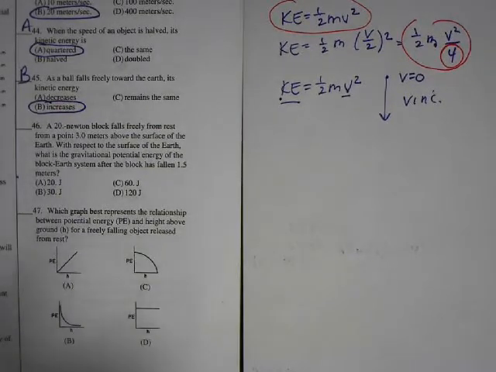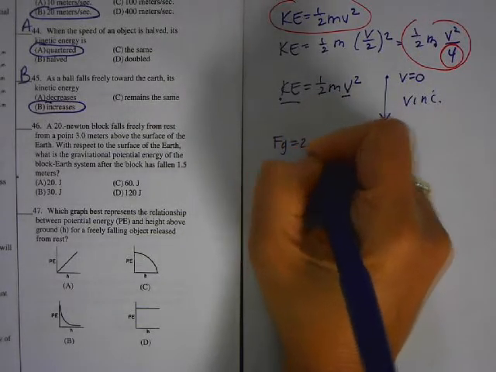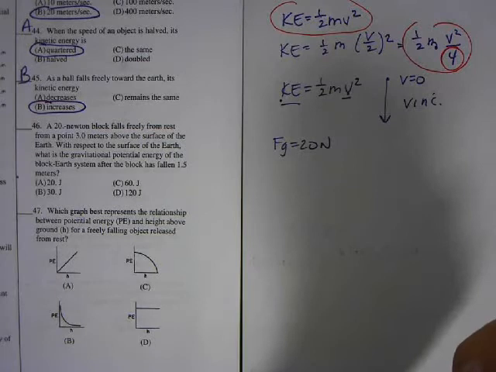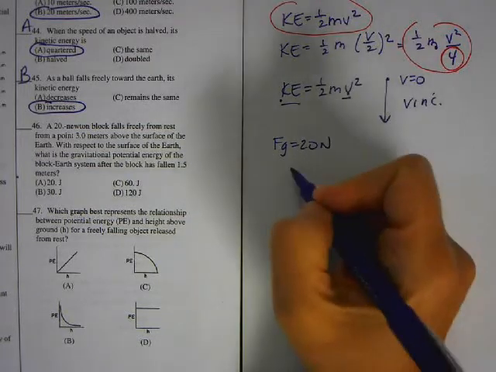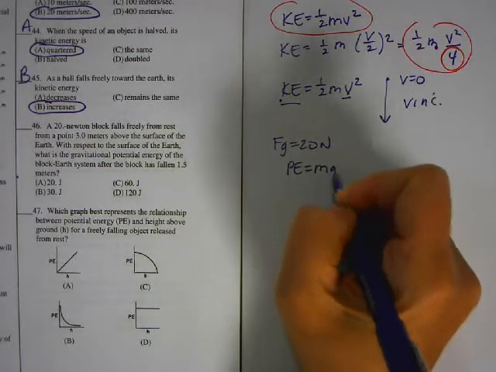Number 46. A 20 Newton block falls freely from rest from a point 3 meters above the surface of the earth. What is the gravitational potential energy after it's fallen 1.5 meters? So potential energy is mgh.